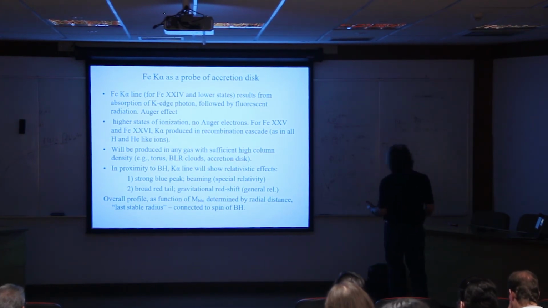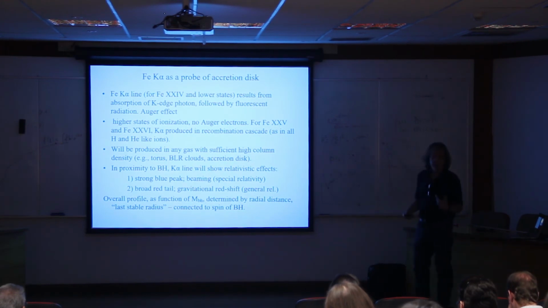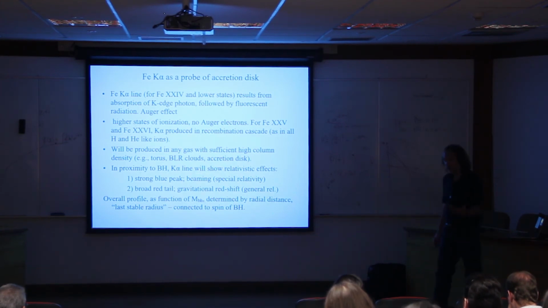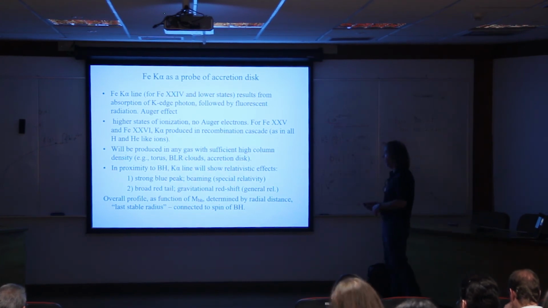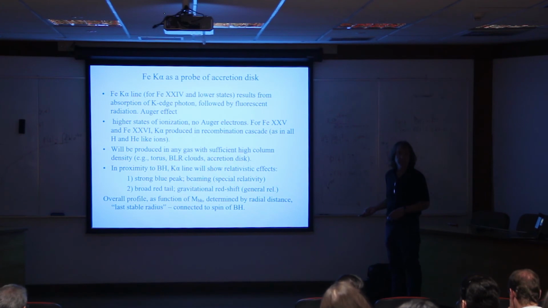If you're close to the black hole, you should see the relativistic effects that I was talking about in the other slide, due to beaming and broad red tails, special relativity and general relativity. And so the overall profile is the one I was talking about before, and it's a function of black hole mass and spin.